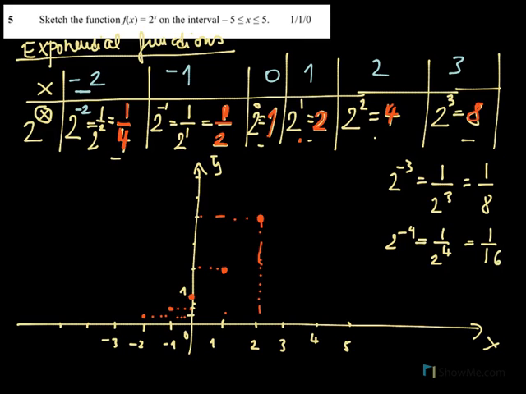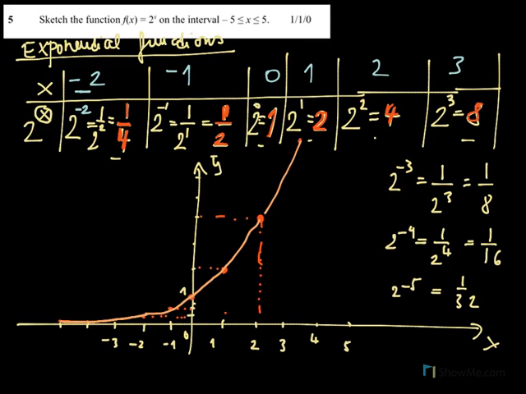You can see how small it gets. This would be 1 over 32. So it would be very, very close to the x-axis, but it would never reach 0. I'm trying to connect the points with a smooth curve.